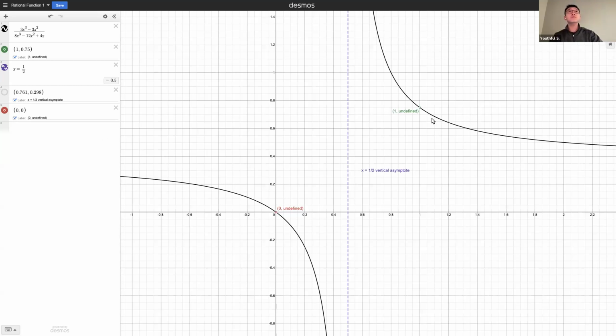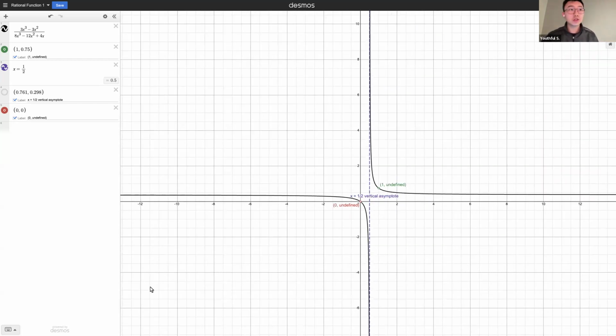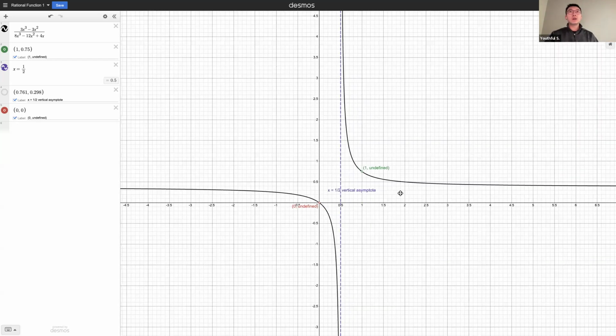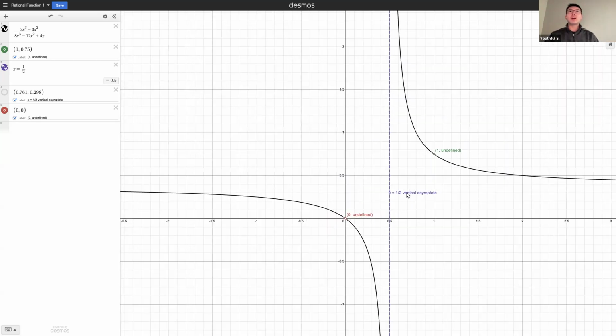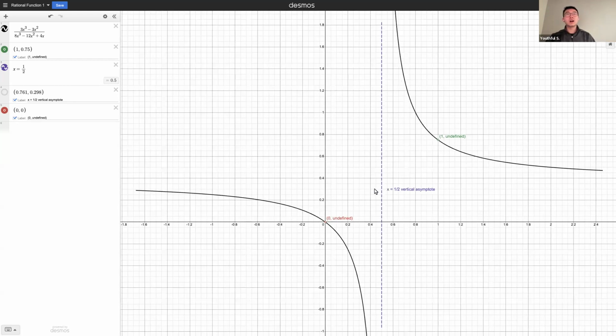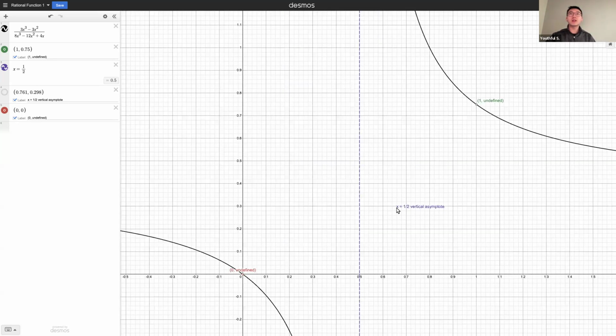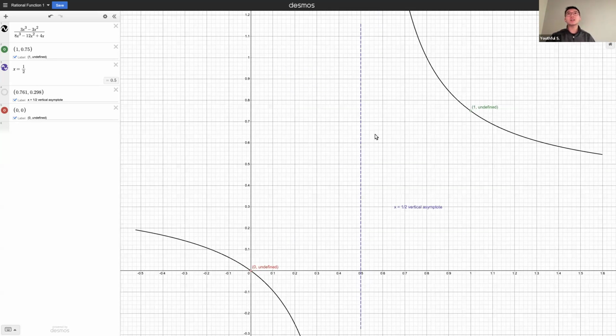All right. So here's the graph. It's the black lines. This looks like a reciprocal function. And you do see a vertical asymptote at x equals 1/2. That was one of the values we calculated. But you also see restrictions at x equals 0 and x equals 1, which again we calculated algebraically. But you can see that the restrictions look different, right? At x equals 1/2, we have a vertical asymptote.